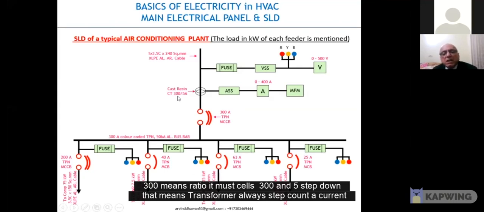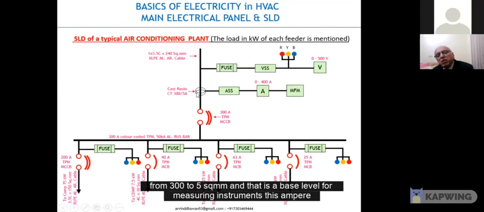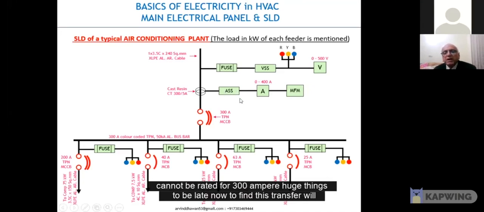300 means ratio. It must sense 300, and 5 is step down. That means this transformer will step down the current from 300 to 5 ampere, and that is the base level for measuring the instruments, right? So this ampere meter cannot be rated for 300 ampere.